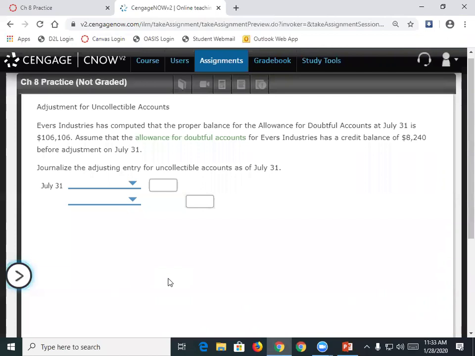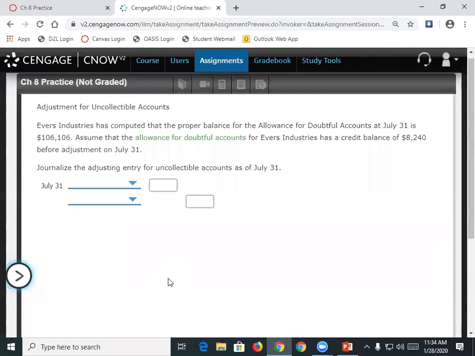So again, what that's saying is we want our balance to be $106,106. And that was based on our aging of accounts receivable. It tells us we have an existing balance of $8,240. So how much would I need to adjust allowance for doubtful accounts? 106 minus.